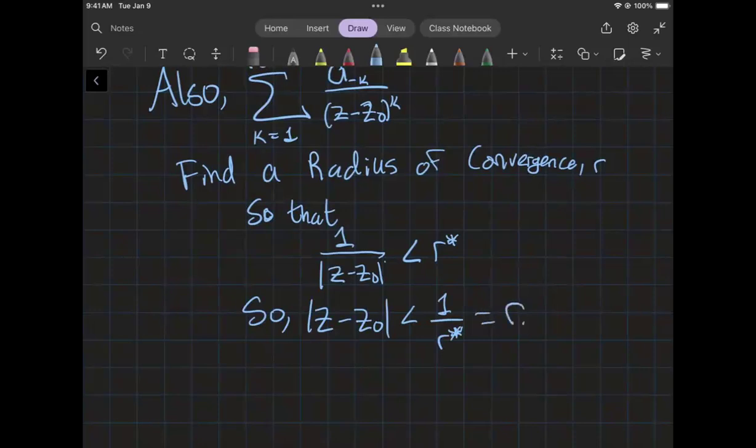Okay. So what it turns out is a Laurent series will have what is called an annular domain.